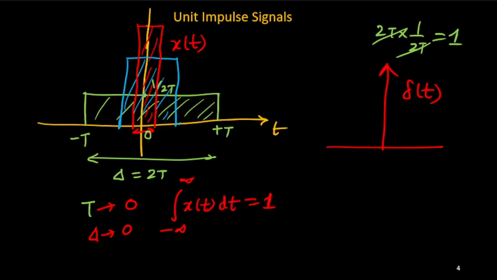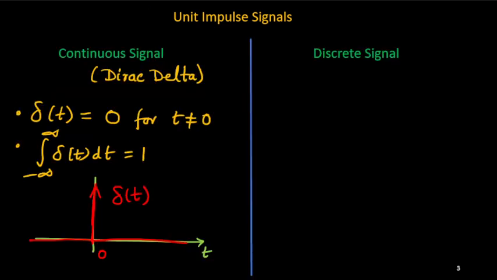Fine. Now we'll come back to the discrete signal. In the discrete signal, we'll consider the same symbol del, but it's a sequence, so we put n: delta n. Now here there is no ambiguity.